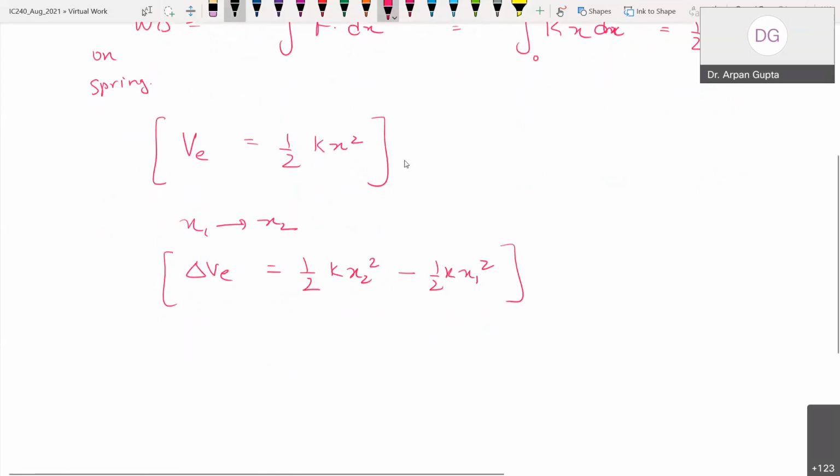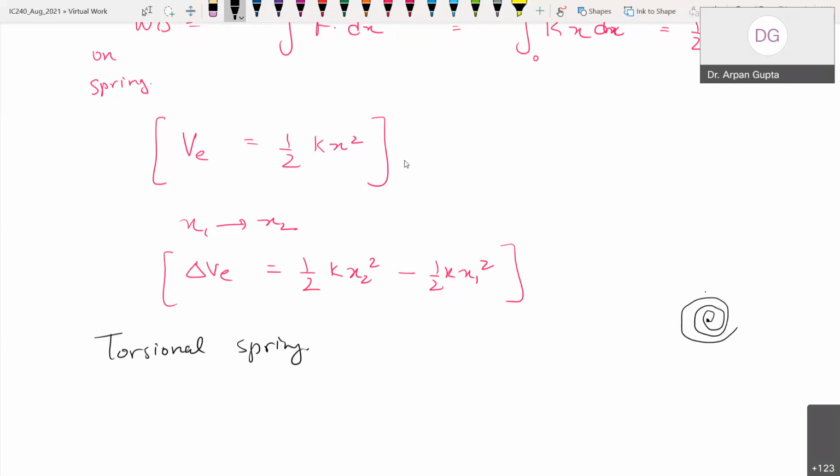And likewise, there is a term called the torsional spring. These kinds of springs are there in your auto closing doors and such things. These are some examples of torsional springs, or you can even have a simple rod which you twist. The idea is you apply a torque, or a moment M, and that moment M is proportional to the angular rotation theta.